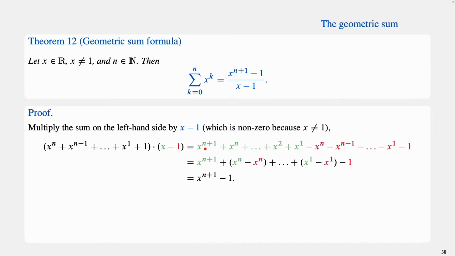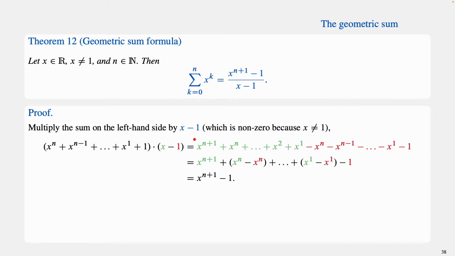So this is x to the power of n plus 1 plus x to the power of n plus ... plus x to the power of 1. And this is just all of this multiplied by minus 1. So we just put a negative sign in front of every summand. So minus x to the power of n minus x to the power of n minus 1 minus ... minus x to the power of 1 minus 1.